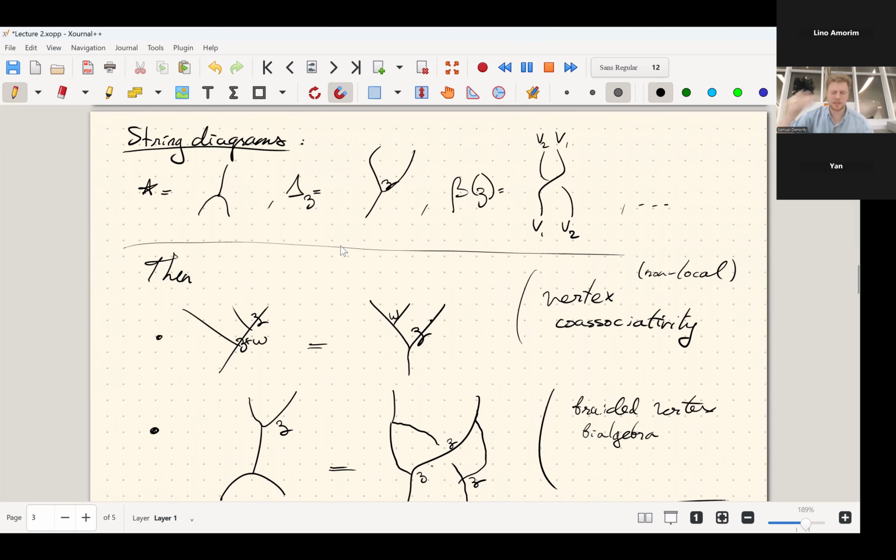So there's a convenient language to draw relevant identities and do calculations in this setup, where we write objects in our category as lines, product as a fusion of lines, coproduct as a splitting of lines, and our braiding as two lines crossing.